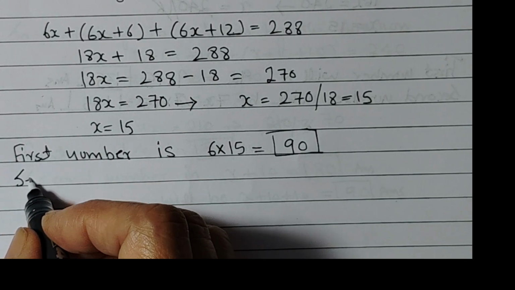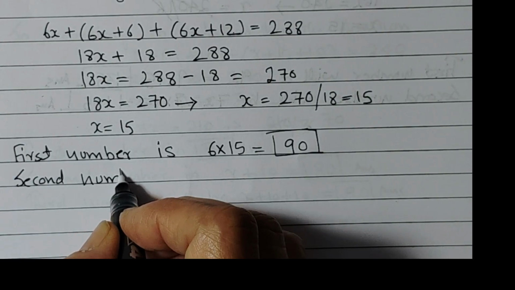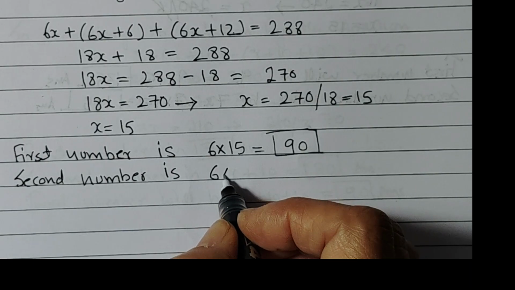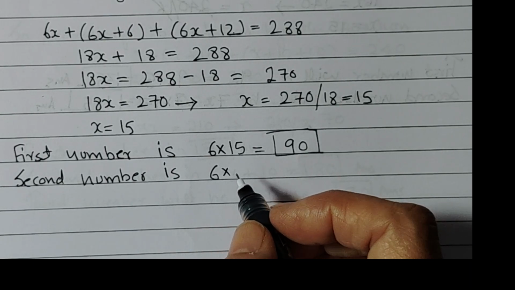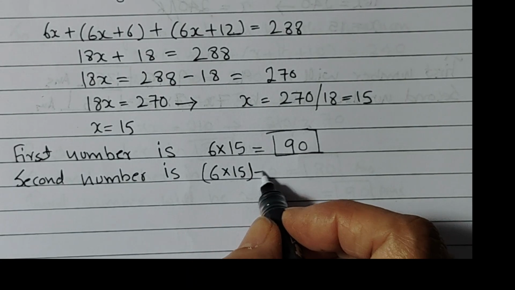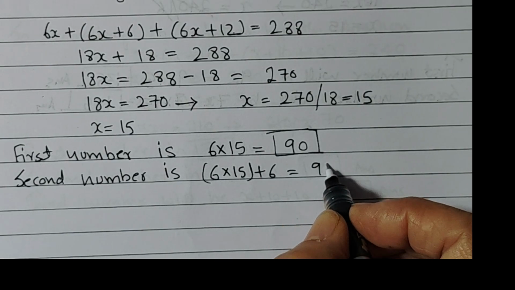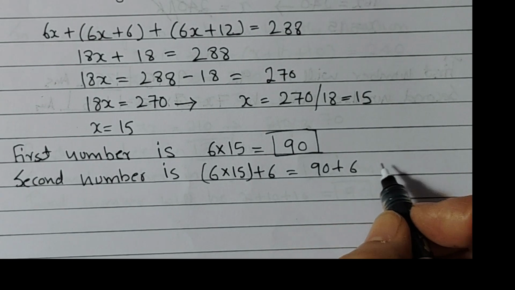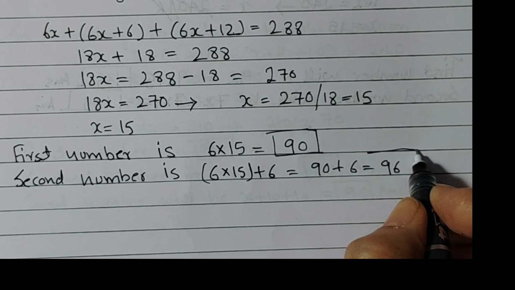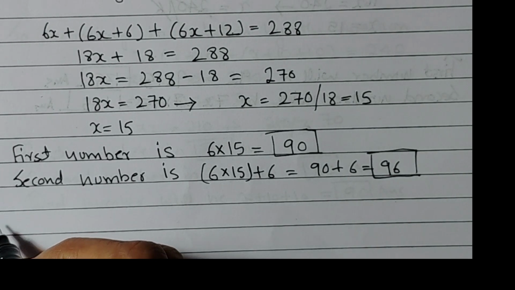The second number is 6 into 15 plus 6. That means 90 plus 6, which is 96. It is the second number.